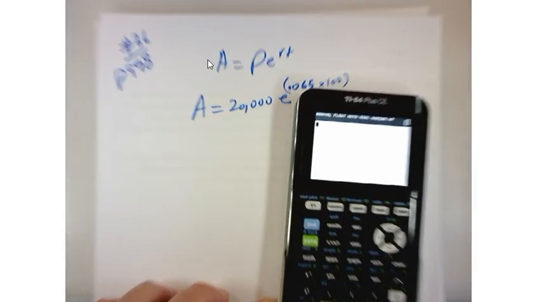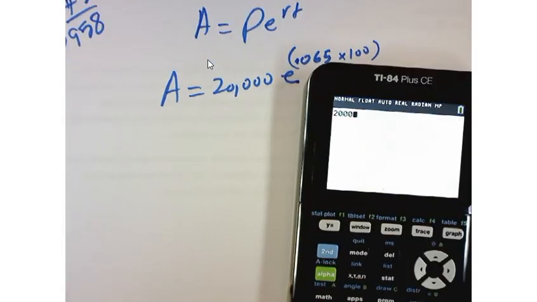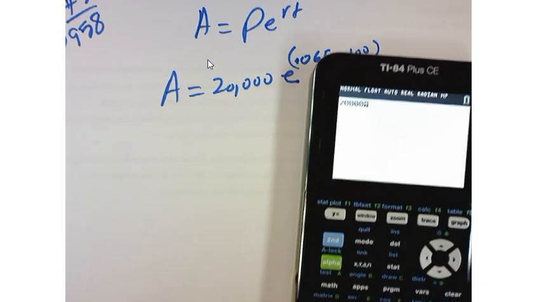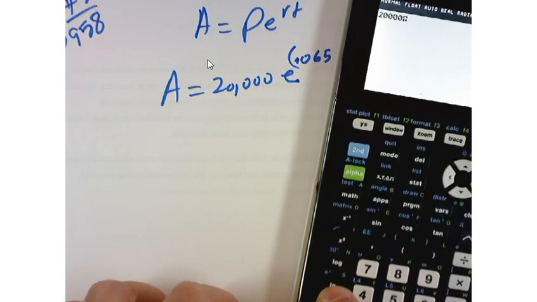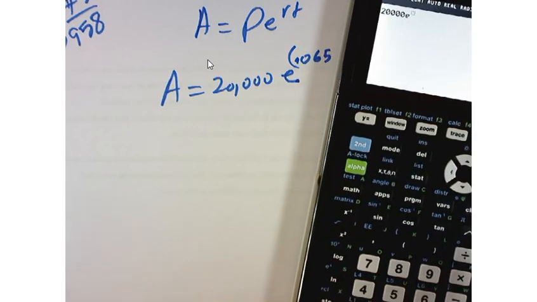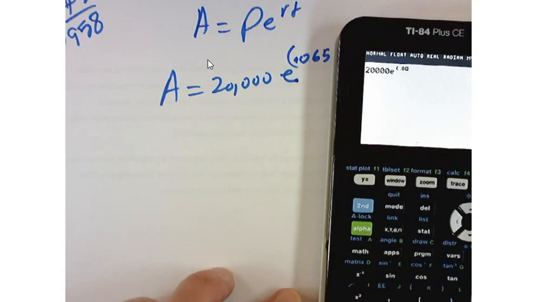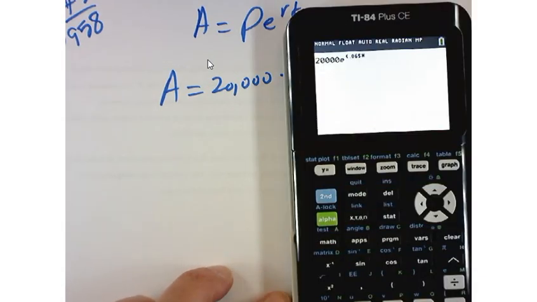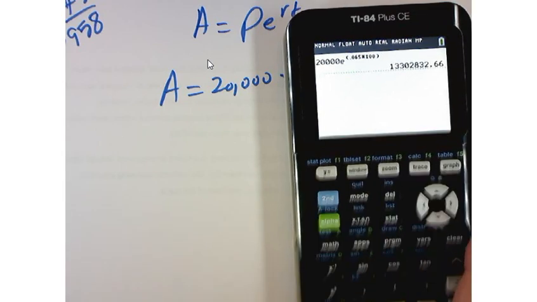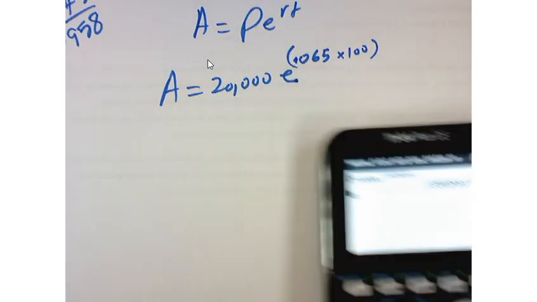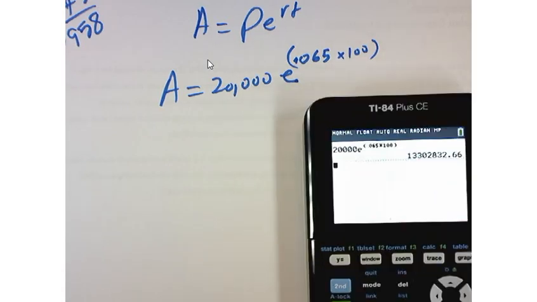So it's 20,000 times second ln, and that will give us e with the power, second ln. And then in the power, we're going to do 0.065 times 100. So interest is compounded continuously, and that's the amount you have if it's 20,000.